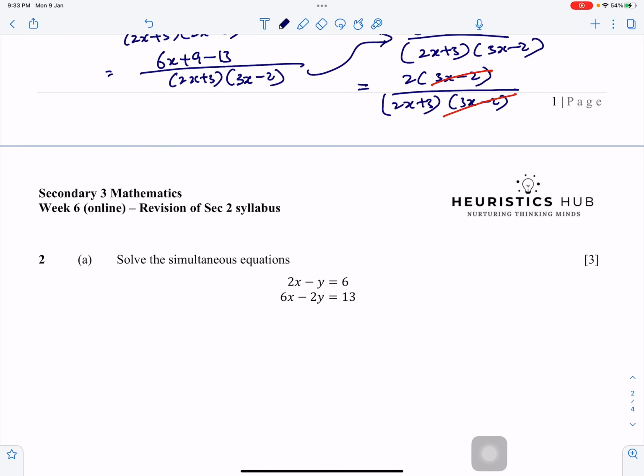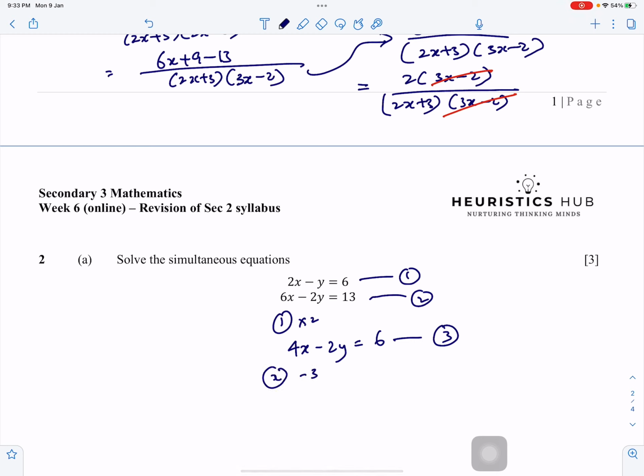Question number 2, again, this is a very simple simultaneous equation question. So equation 1 multiplied by 2. So that gives you equation 3. Take equation 2 minus 3. That should give me 2x equals 7. So x equals 7 upon 2.